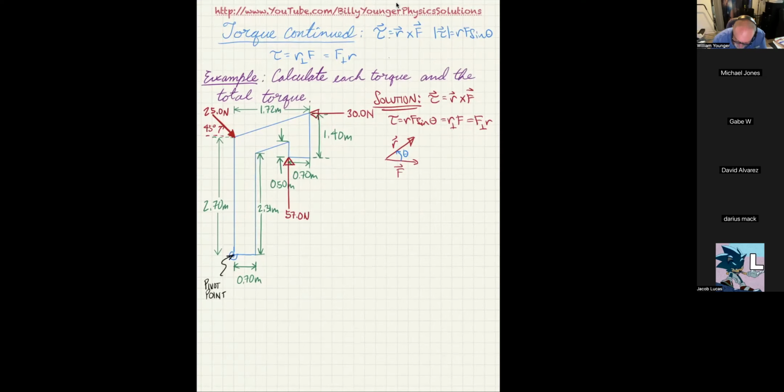Now that I've discussed all that, let's go ahead and calculate the individual torques here. So what I'm going to say is 25.0 Newton force. First off, I want to figure out what the lever arm is. And strictly speaking, I could put this in a coordinate system. This would be a coordinate x-axis, and then right along the left side of the gamma is a coordinate y-axis.